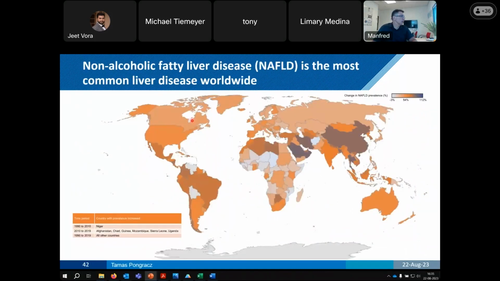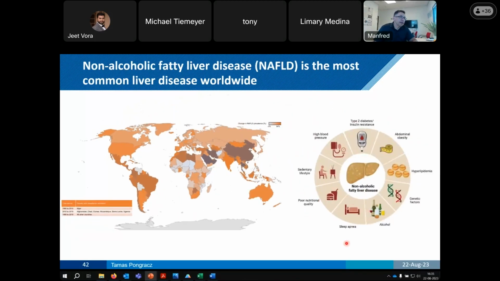And I now chose a very recent application where we looked into fatty liver disease, non-alcoholic fatty liver disease. It's a highly prevalent disease with the prevalence vastly increasing in the last decades, as indicated by the red brownish colors here on the world map.